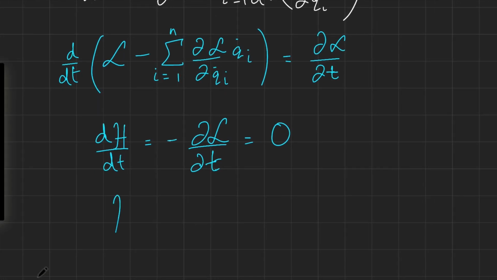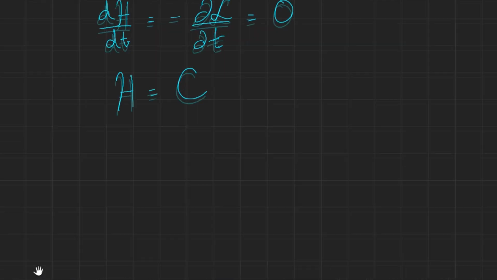What does that mean? That means that the Hamiltonian is going to be constant because its derivative with respect to time is 0. So as time goes on, as the system evolves, the Hamiltonian gets conserved only when the Lagrangian is time independent. But what is this conserved quantity? Let's look a bit deeper into this.